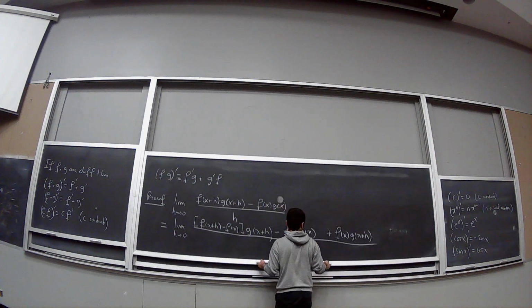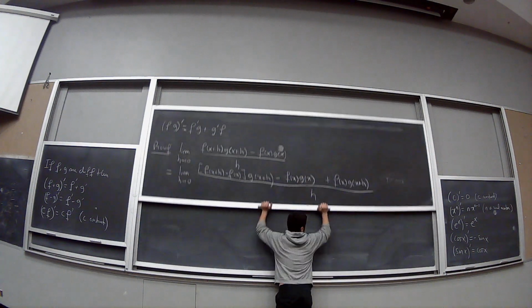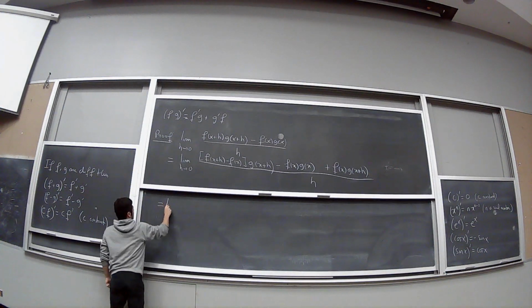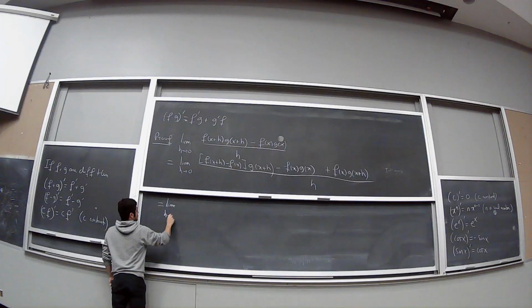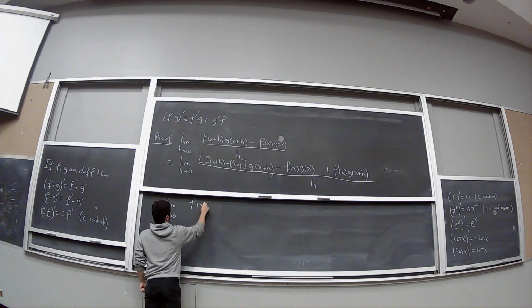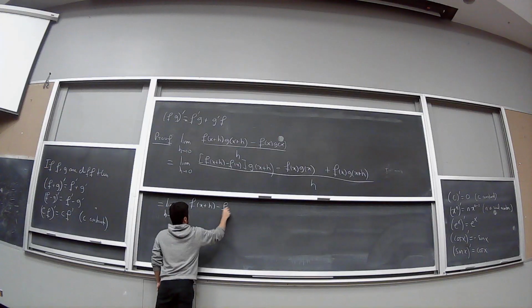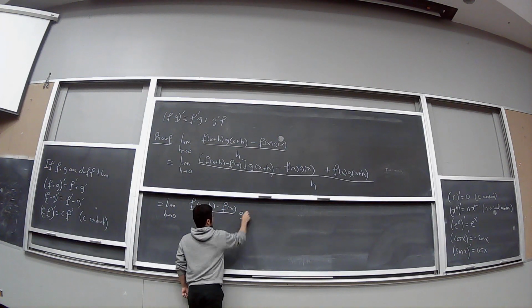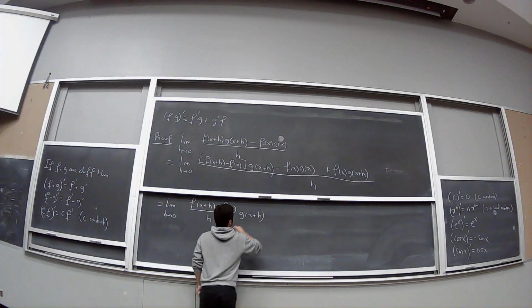Now, let us rewrite this more nicely. This is the limit as h approaches 0. Let me write this down as f of x plus h minus f of x over h times g of x plus h, right?